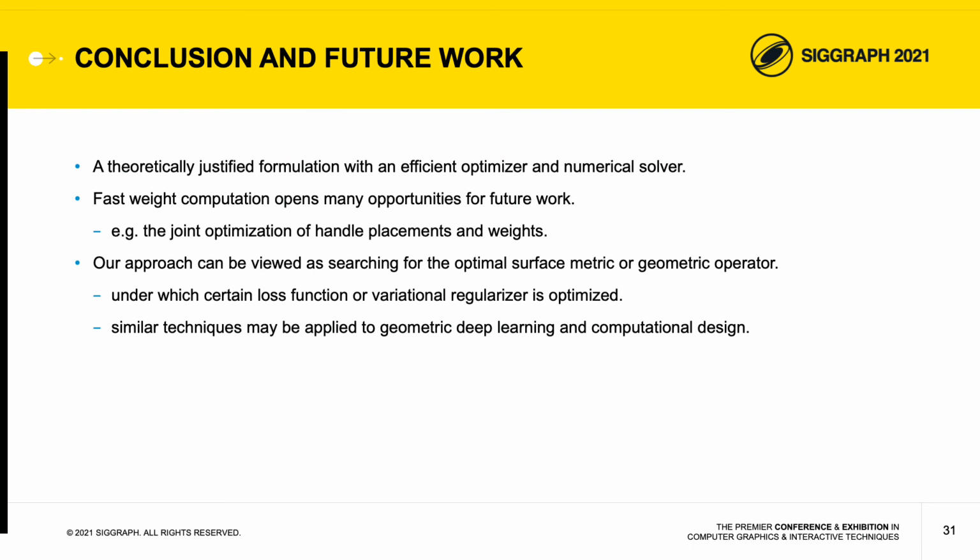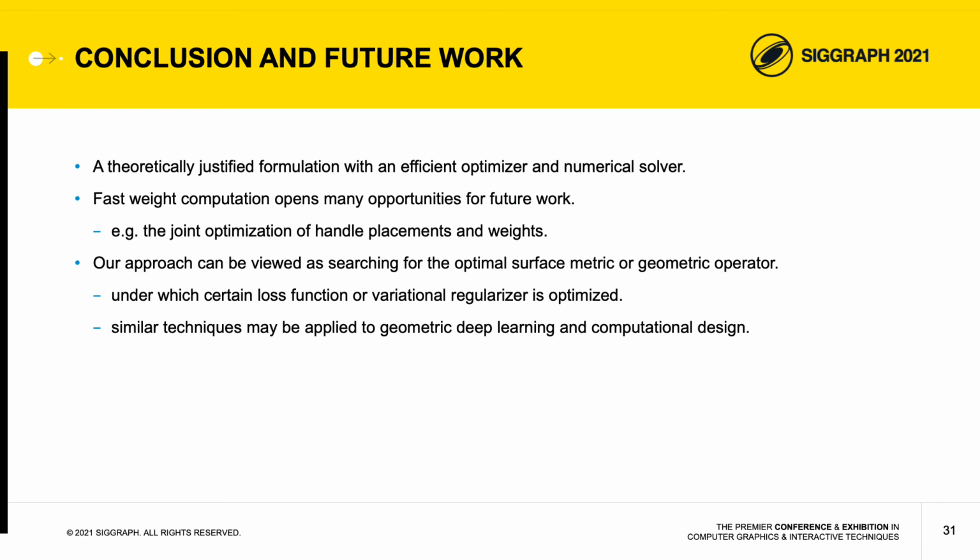In summary, our formulation is theoretically justified, transforming the problem into an unconstrained one. Combined with an efficient optimizer and numerical solver, our method is much faster compared to previous methods, allowing weight computation in near real time.